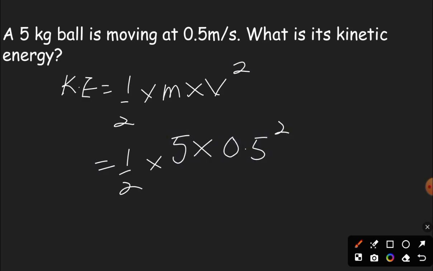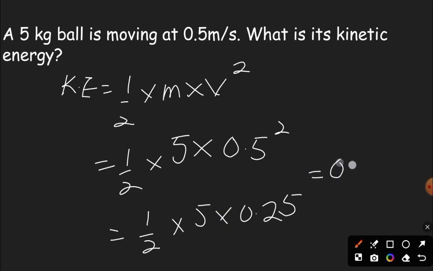So 0.5 squared is 0.25. So you're going to have half times 5 times 0.25. Now we multiply everything, and you're going to have 0.625 joule.